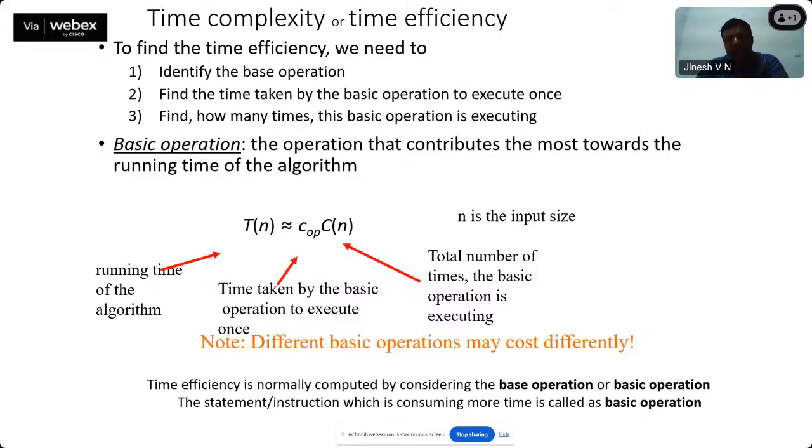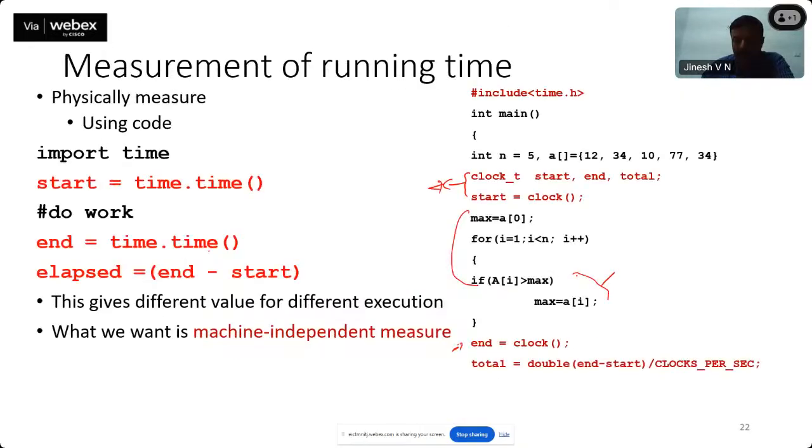We'll see how many times the assignment max equal to A[i] will happen. N times, because you are putting your task in a loop, and how many times will that loop run? From i equal to 1 till i less than n, means n minus 1.